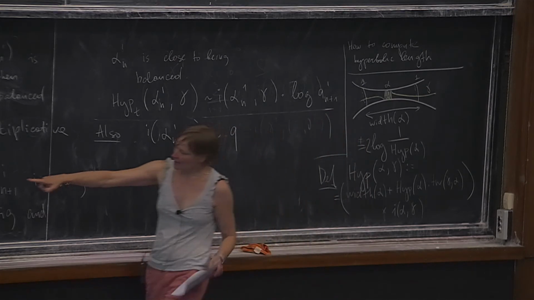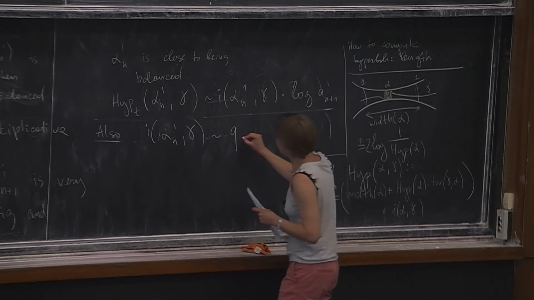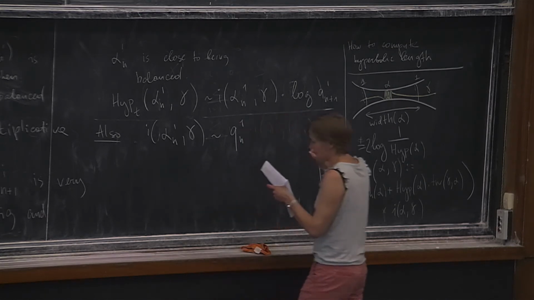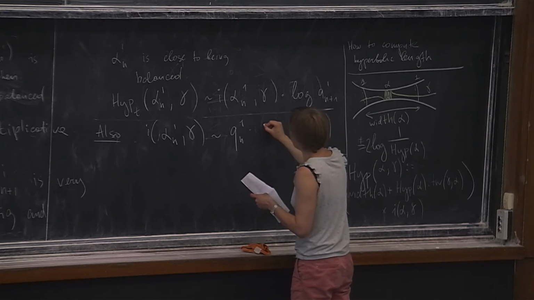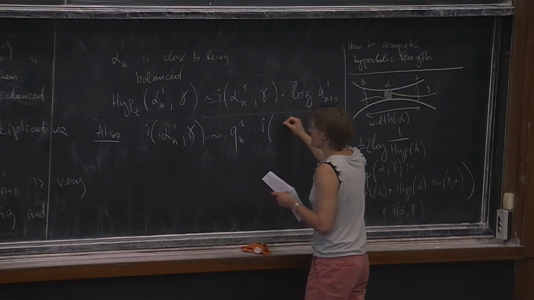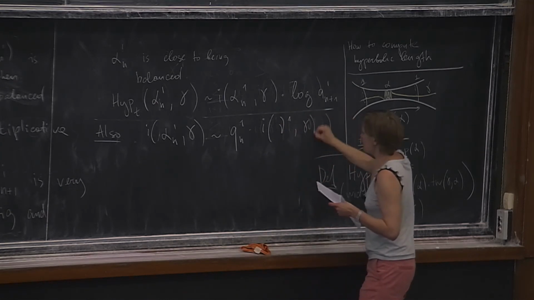So here you have this Qn1, okay, very good. So you have Qn1 times the intersection of actually nu 1 with gamma.